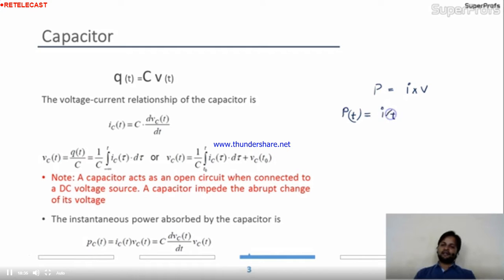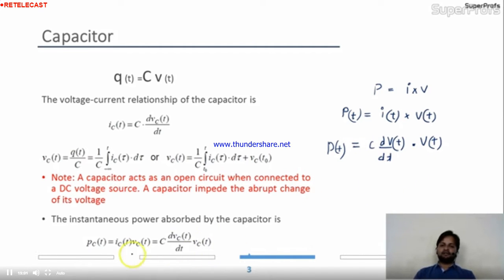So can I take i(t) into V(t)? Yes. For the capacitor, i(t) is C dV by dt, so P(t) is nothing but this.